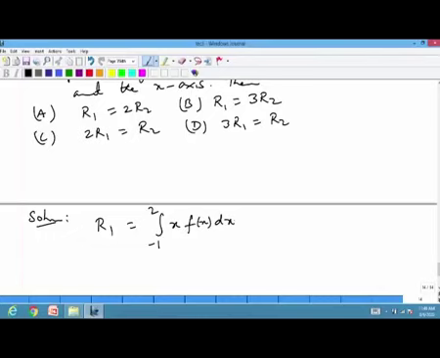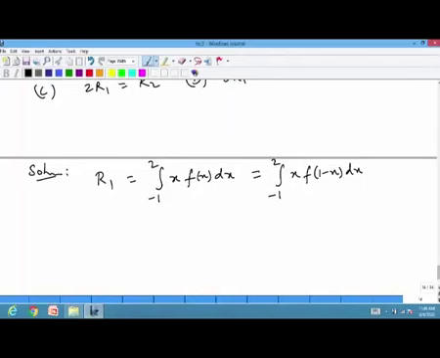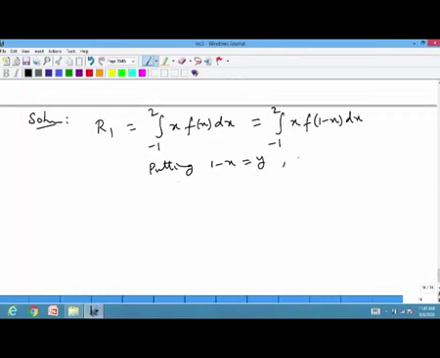Now, we will use the fact that it is given that f of x is same as f of 1 minus x. So, this is equal to the integral from minus 1 to 2 of x times f of 1 minus x dx. Now, putting 1 minus x equal to y, we have this integral equal to the integral from minus 1 to 2 of 1 minus y times f of y dy.